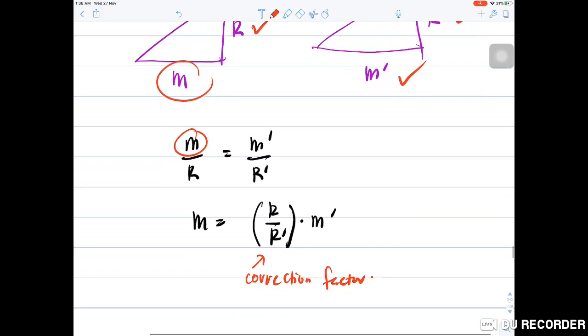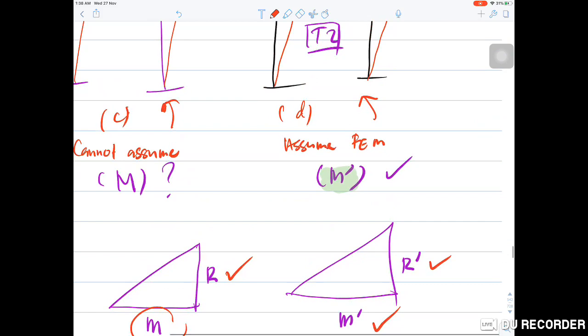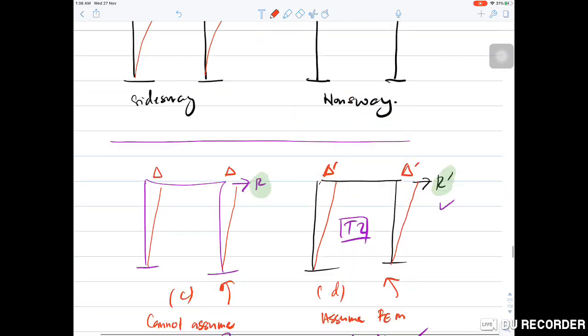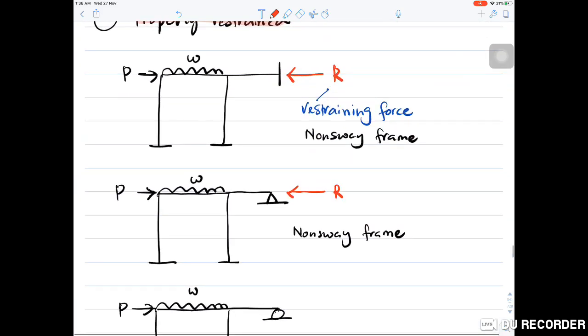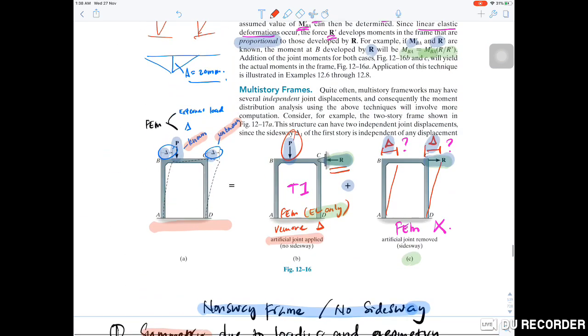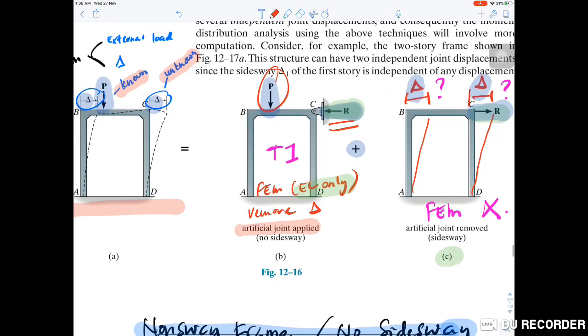So since A is equal to B plus C, and in table 1 the end moment is, let's say, M naught.